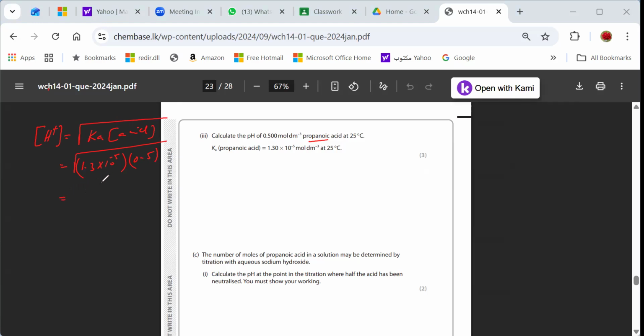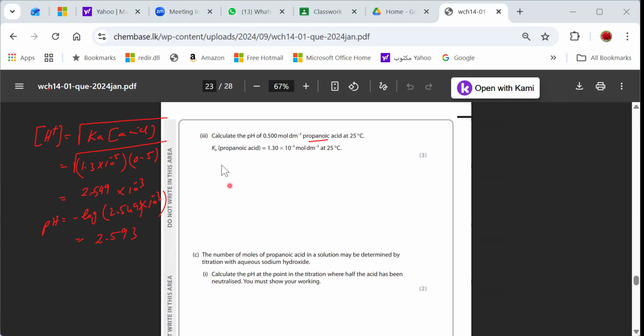So the hydrogen ion concentration is 2.549 times 10 to the power negative 3. And so the pH would be minus log this value. So the pH will be 2.593.